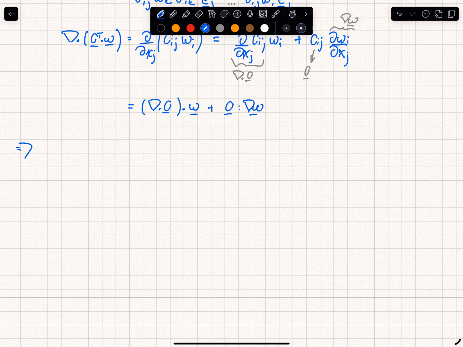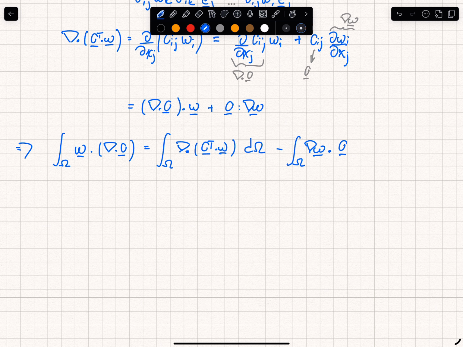Okay, so going back to the main expression, we have integral over omega W dotted with the divergence of sigma is equal to the divergence of this whole thing operating on W minus this whole thing here.